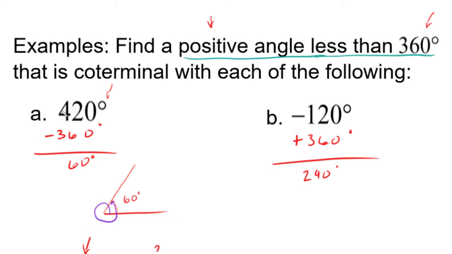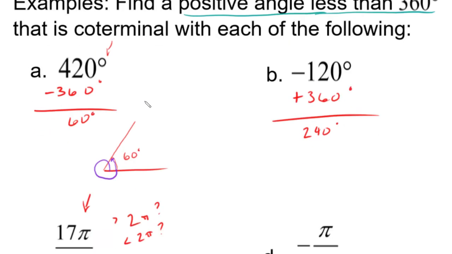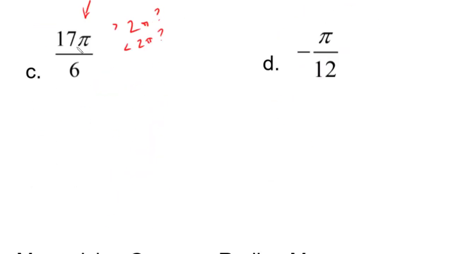So this is a lot easier for us to know that you subtract because we're trying to find an angle that's less than 360 degrees. But remember, in radians, this is 2 pi. So we're trying to find an angle that is less than 2 pi, but is also positive.